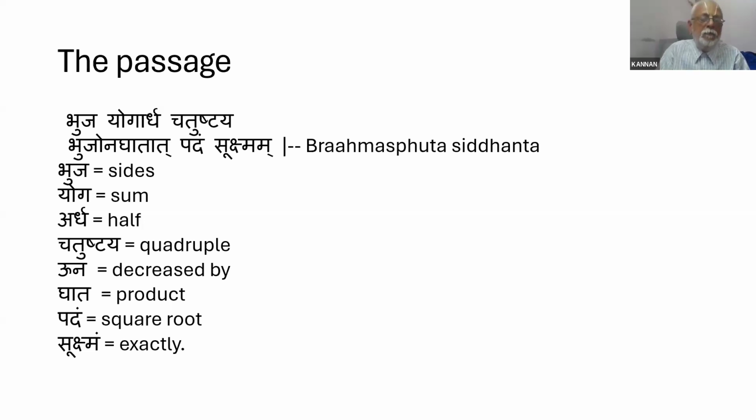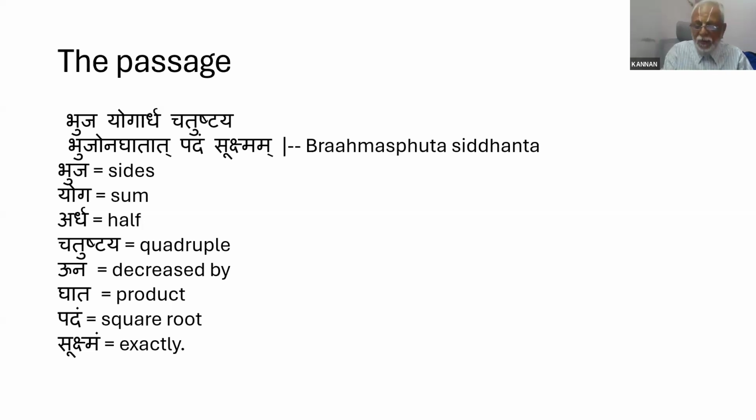Last word, sukshmam. It means exactly you are getting the area. In many other places, these Sanskrit scholars are giving approximate formulas, but this formula is not like that. This is an exact formula. Area of this quadrilateral is the same as the square root of the product of these 4 quantities formed from the semi-perimeter in this way.